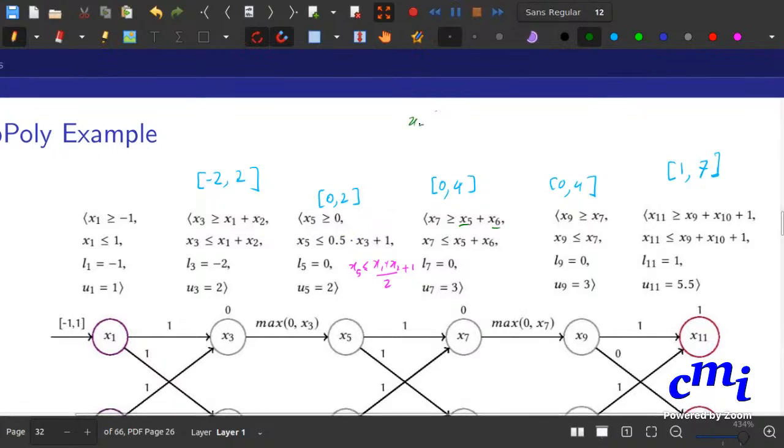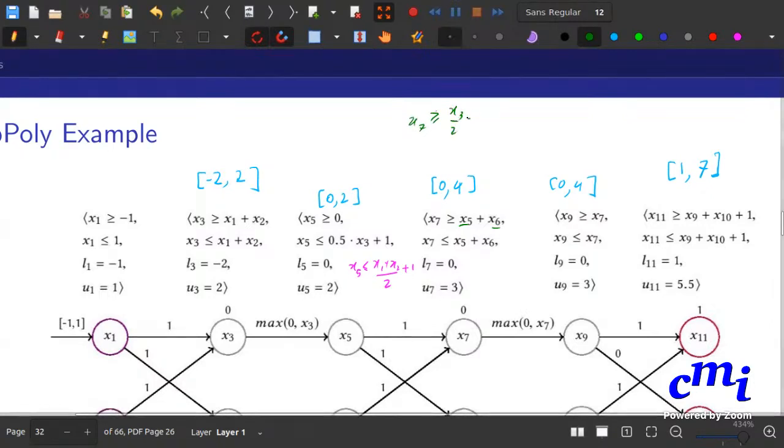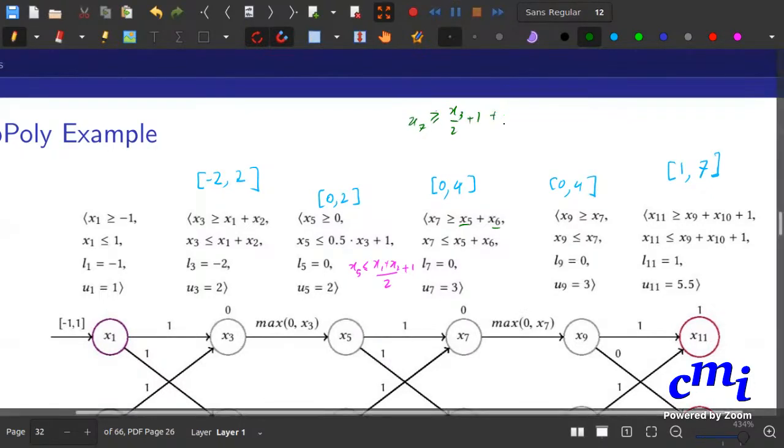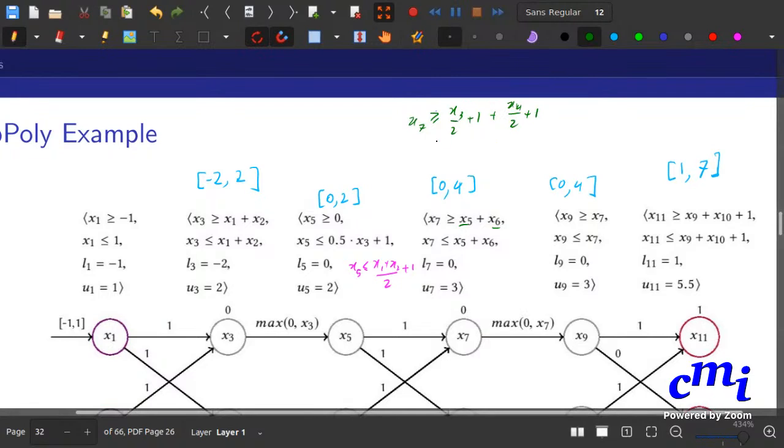So we say x7 is greater than or equal to, so what is x5? x5 is x3 by 2 plus 1. What is x6? x6 is again x4 by 2 plus 1, right? And then again, we're going to substitute x3 and x4 from the previous layer. x3 itself is greater than or equal to x1 plus x2 by 2.